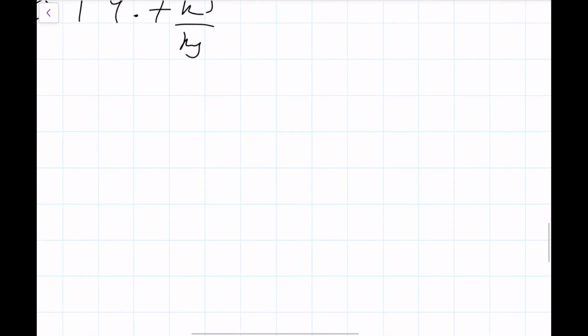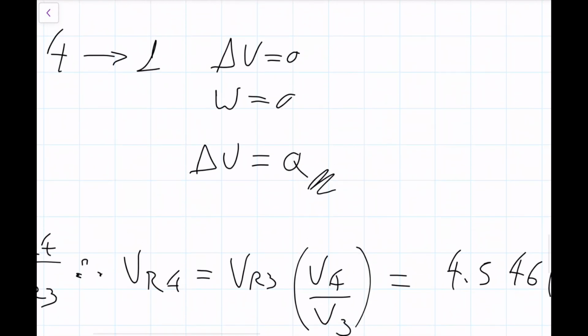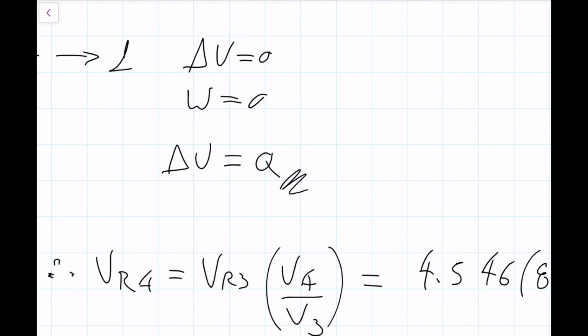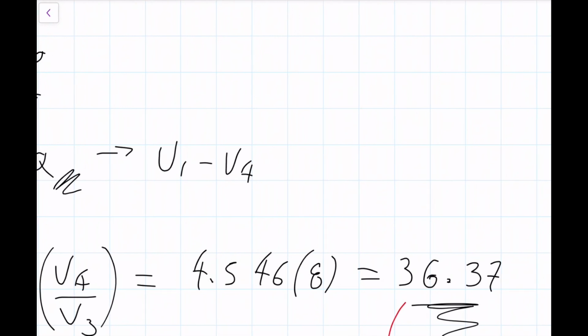Where's my Qout? Here it is. Okay, so that means that my U1 minus my U4, or vice versa if you want to just grab the positive number, as long as you know what you're doing, equals my Qout.